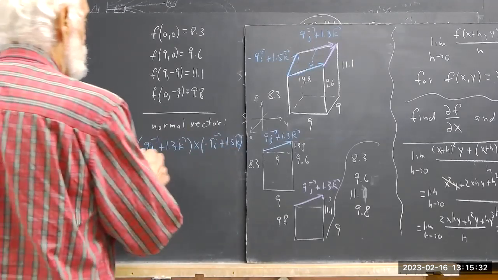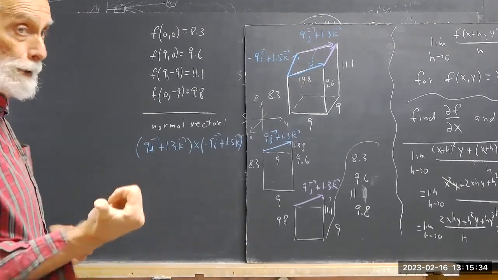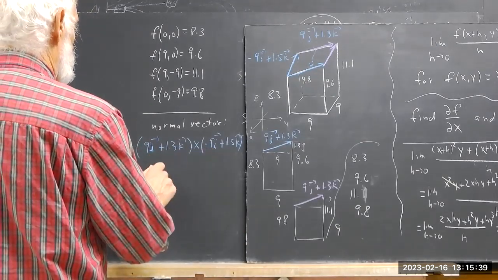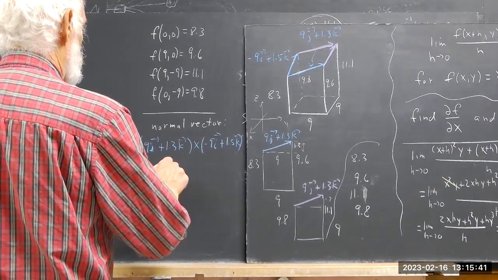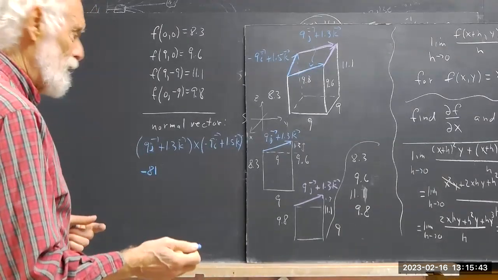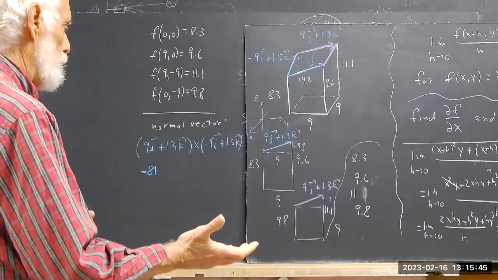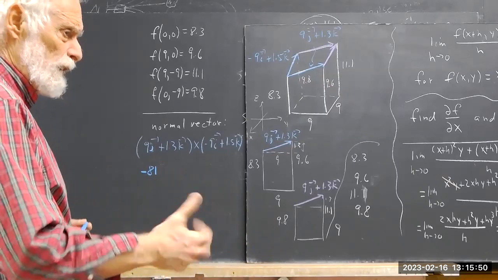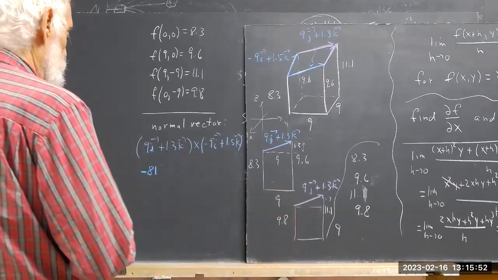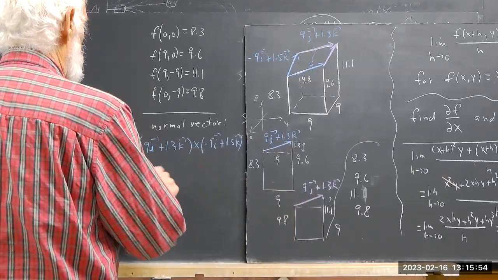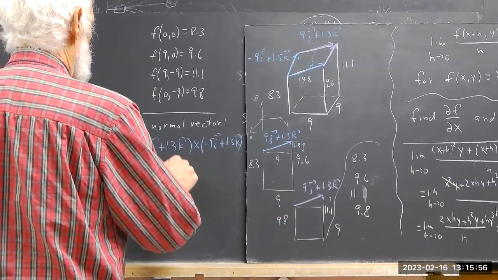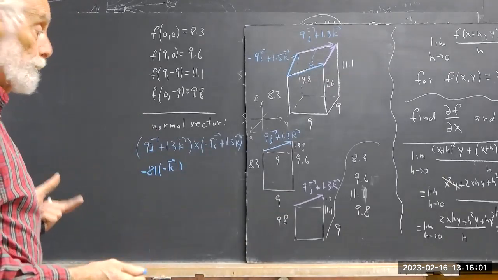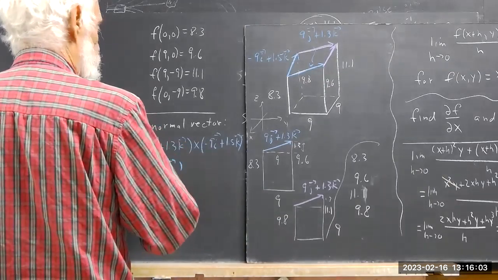Okay, well, J cross I is negative K. I got a negative 81 times negative K. That's next. It should be obvious where these are from, and you can calculate cross products with that.